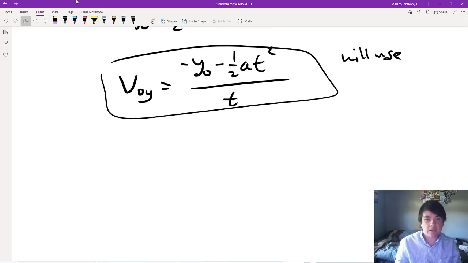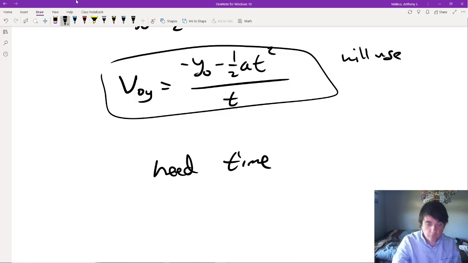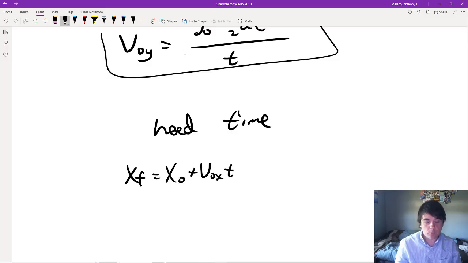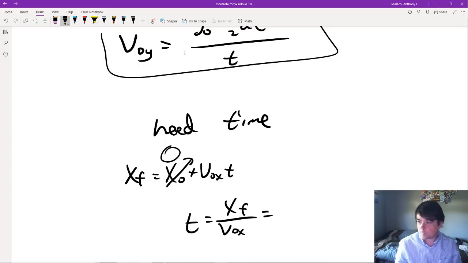So now we need time to solve for this. Like I've said, you get time from the other coordinate, in this case the x coordinate, which only has one formula, this one. Thankfully, we know x final and we know v naught x, so we can solve for time. 425 meters over 69.4 meters per second.